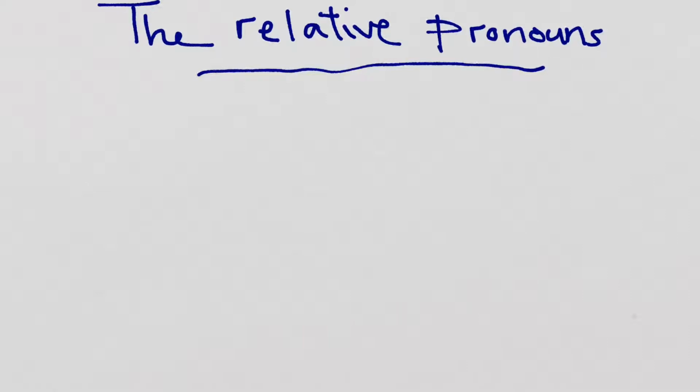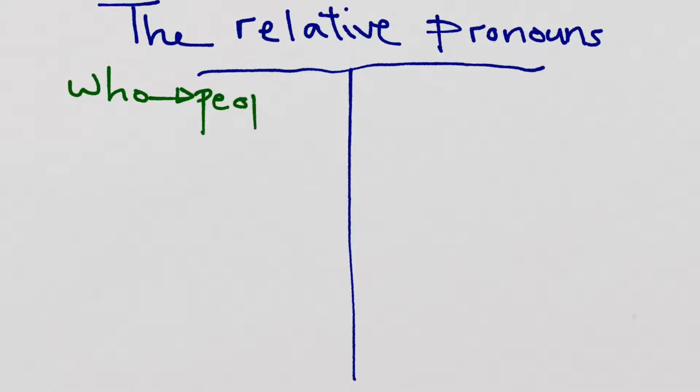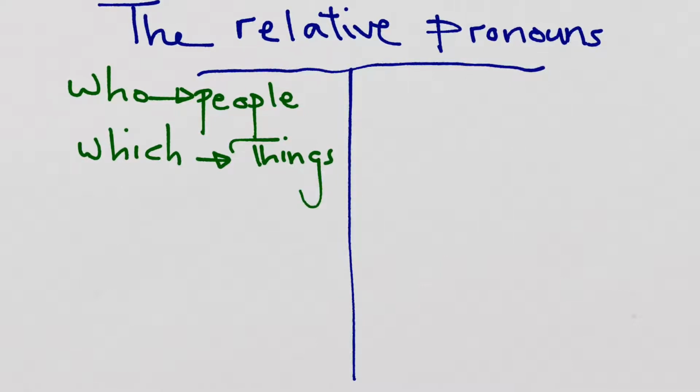The most common are who, and we use it for people. Which, and we use it for things. That, and we use that for both people and things, but only in defining relative clauses, and I'm not going to talk about that.